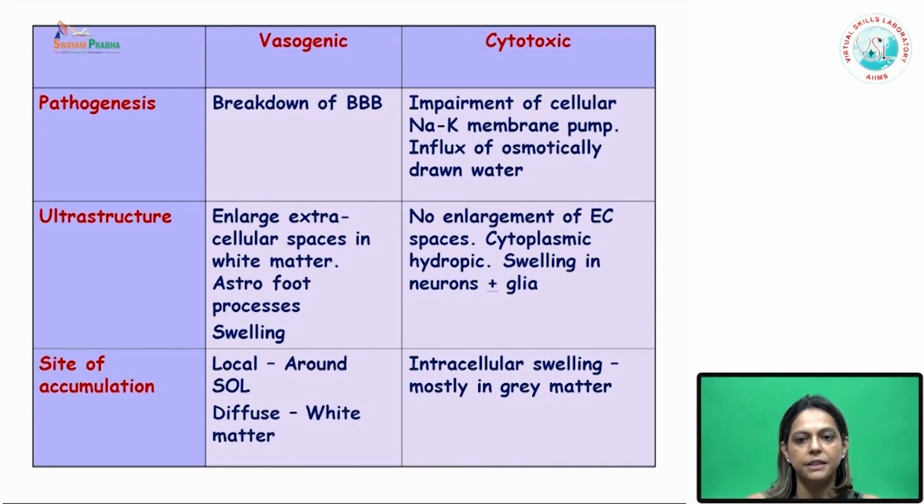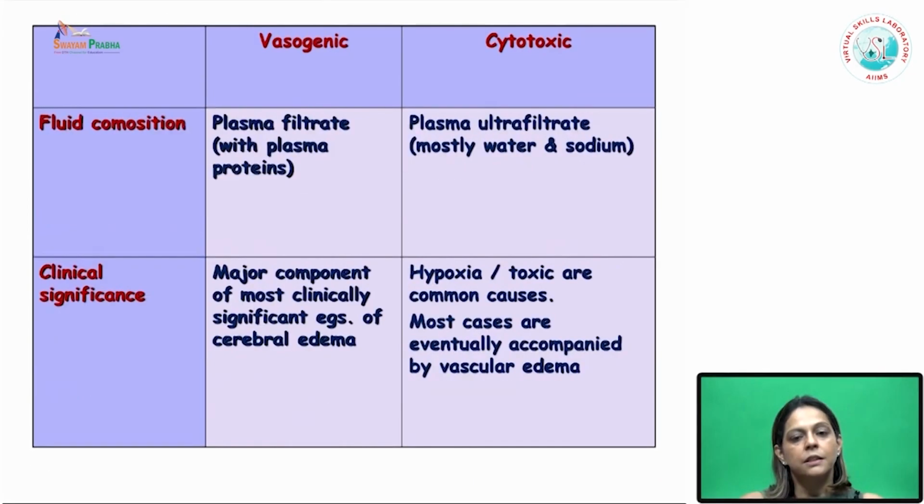So that is the basic difference between these two processes. The fluid component in vasogenic edema is plasma filtrate, whereas in cytotoxic edema, it is plasma ultrafiltrate. But vasogenic edema is much more common as compared to cytotoxic edema.